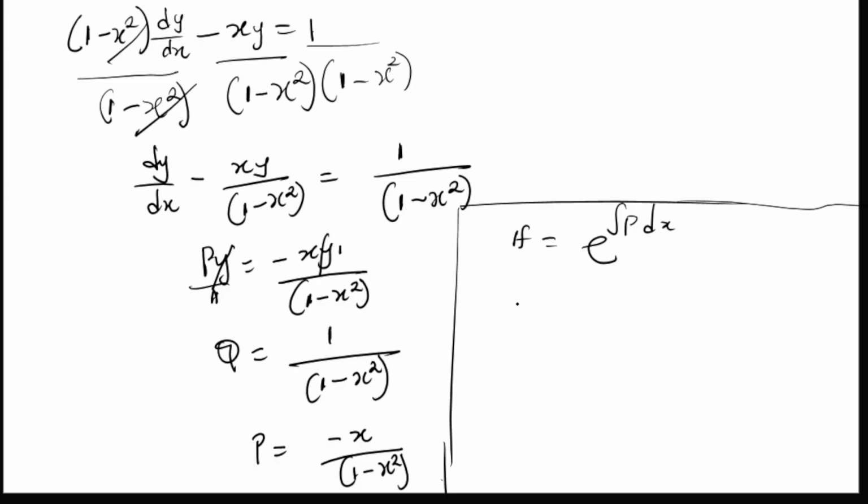If you do that, we have our IF to be equal to exponential integral of minus x divided by 1 minus x square dx. Are we together? Now look at what we have here. We simply have exponential integral of minus x divided by 1 minus x square. The next thing is to solve for your integral of minus x divided by 1 minus x square here.